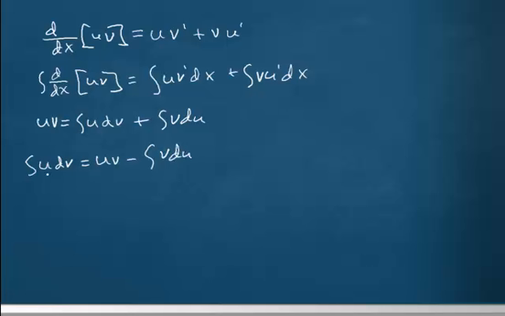If I have a function times another function that appears unrelated, and I want to integrate that product, I can do that by finding the function that dv came from, by integrating that function and getting a function v, and then multiplying that by this function u, and then subtracting from that the integral of that function v times the derivative of this first one, u.